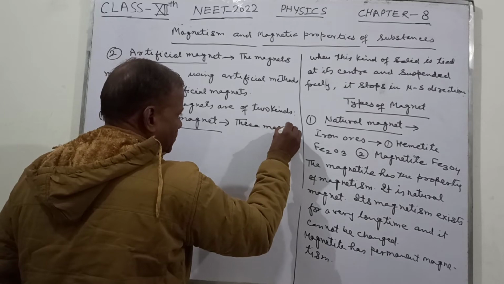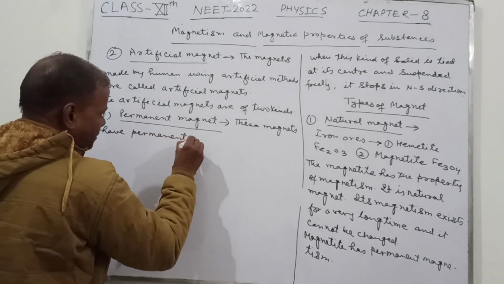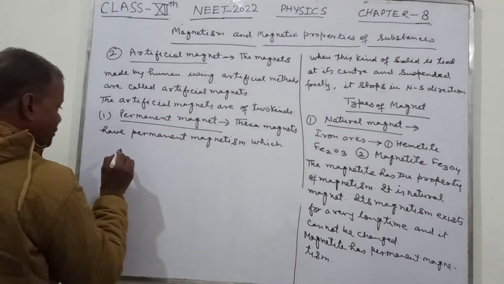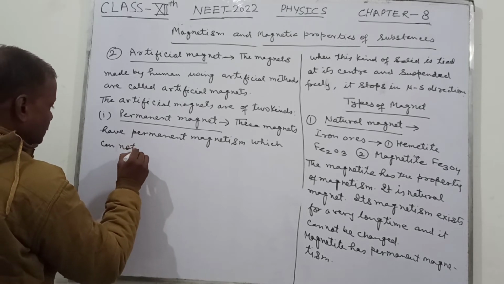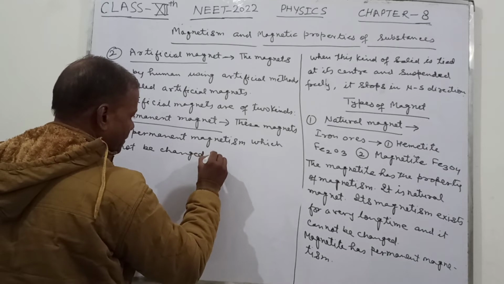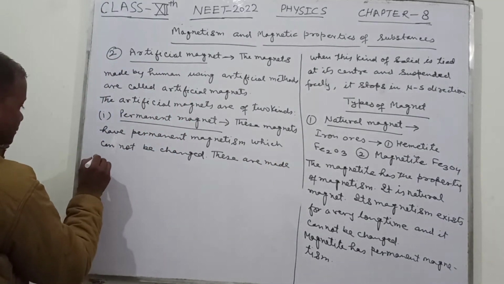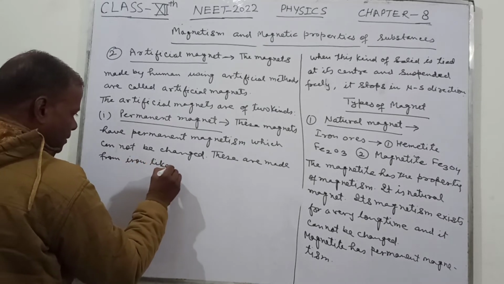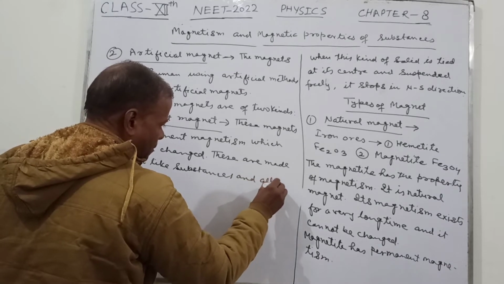These magnets have permanent magnetism which cannot be changed, and these are made from iron-like substances and alloys.